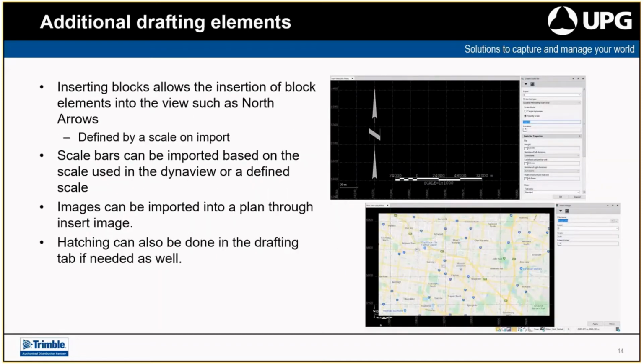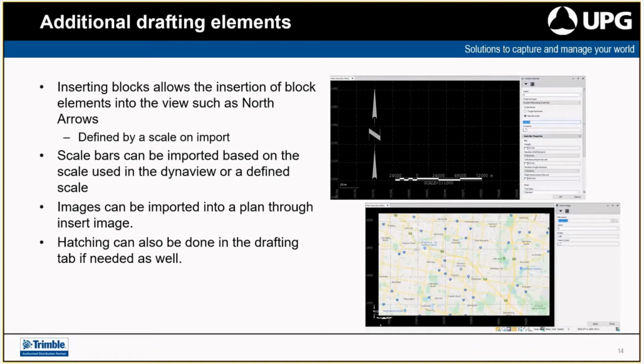So once you've got all the sheets done and sorted, you can then put additional drafting elements in. We can call blocks to put in things like north arrows, static elements, and those sorts of things for the view. You can also put in scales, and the north arrow in this case can be dynamic against the data.